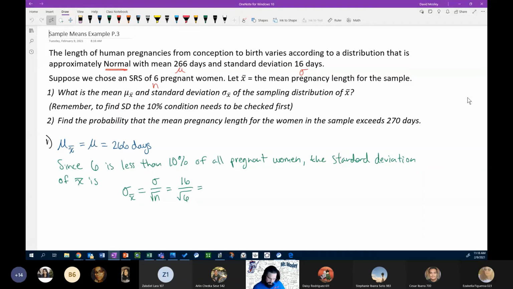And that gives us approximately 6.532 days. Right, so we've got our mean and standard deviation. We checked the 10% condition. We are good with question 1.